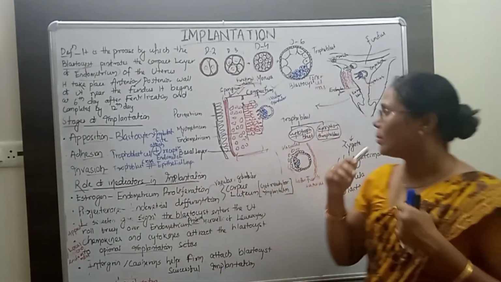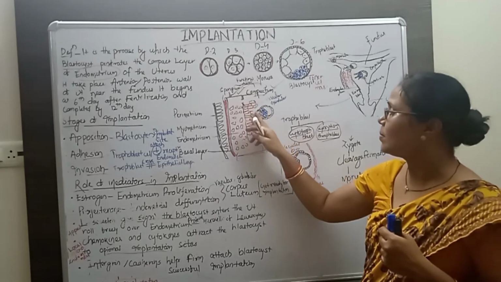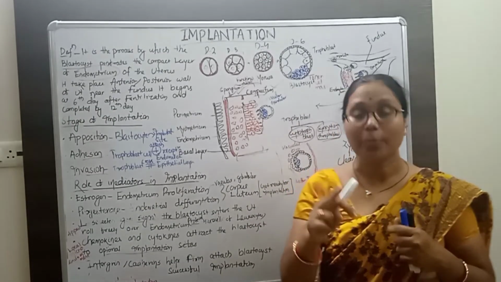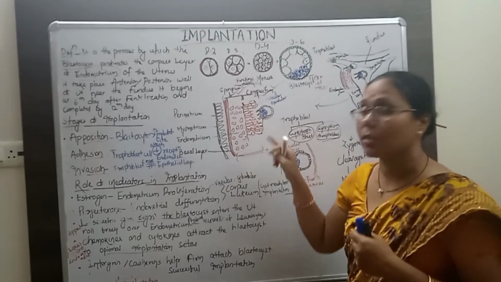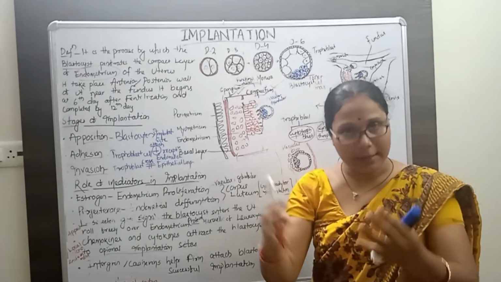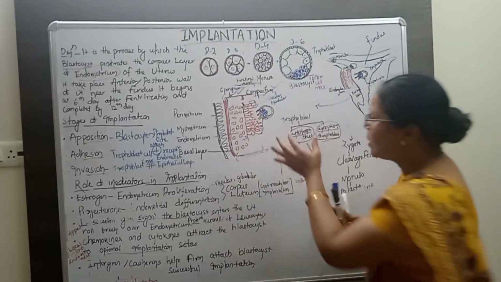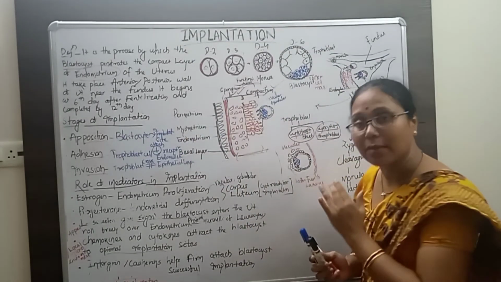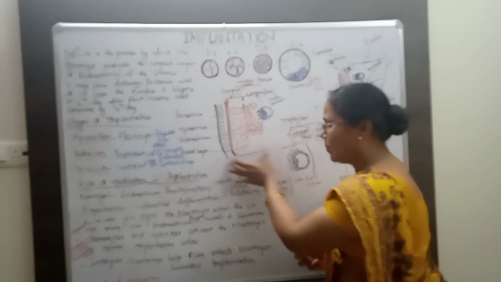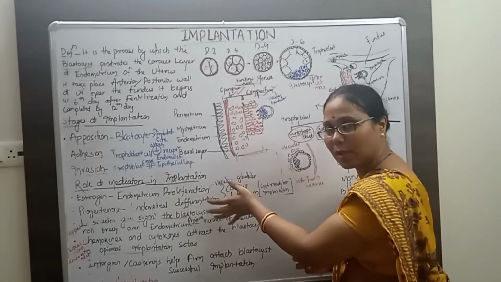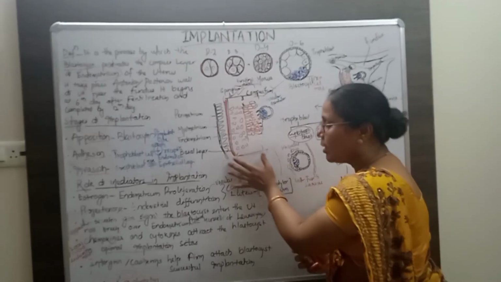And there are also some receptor structures present in the endometrium called pinopodes, that help attract the blastocyst towards the endometrium, so that the total process of implantation is carried out smoothly. It is driven by the hormones and the protein molecules secreted in this endometrium layer.